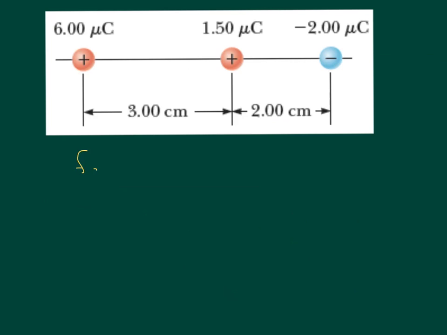So let's say the force of 2 on 1, the force of 3 on 1, and the force of 3 on 2. So the force of 2 on 1 is equal to K Q1 Q2 over R squared.